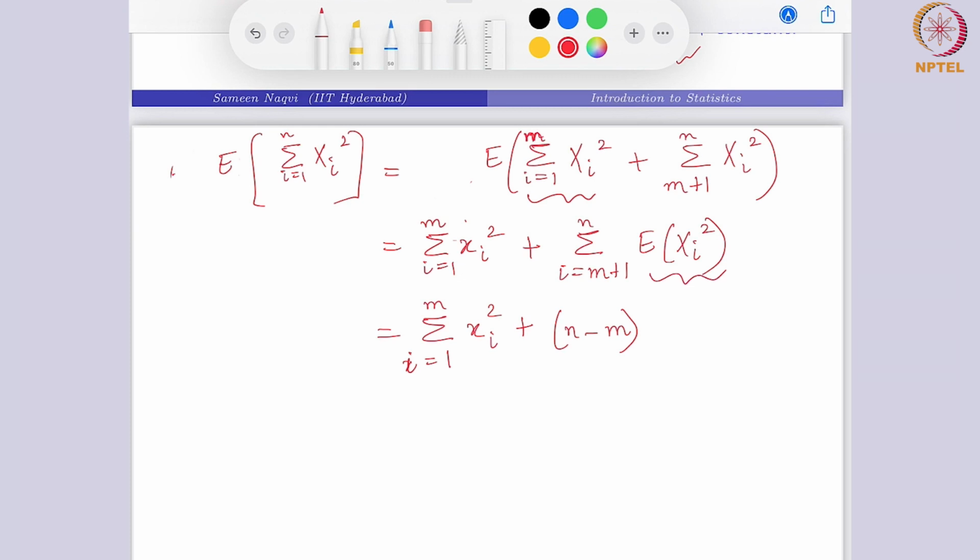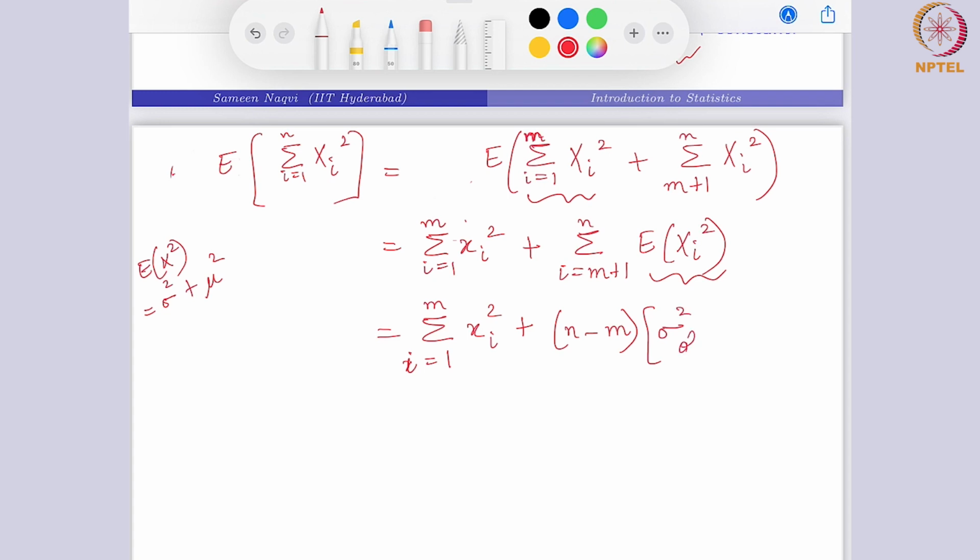We know that expectation of xi square, if I have to find expectation of x square, it would be variance sigma square plus mu square.